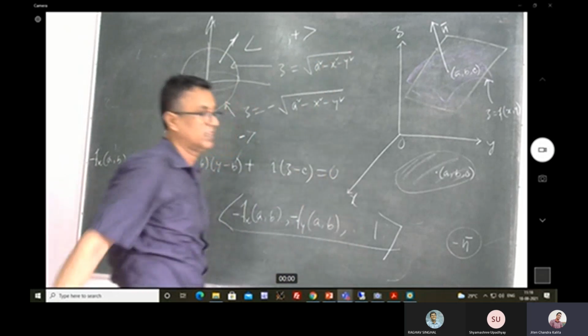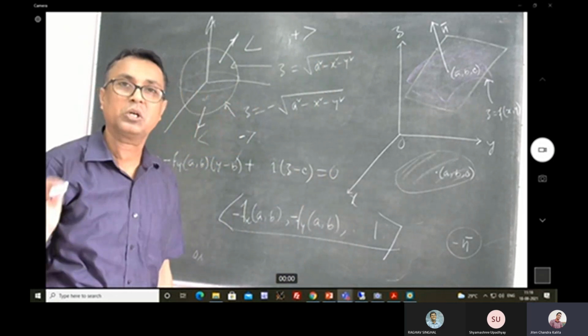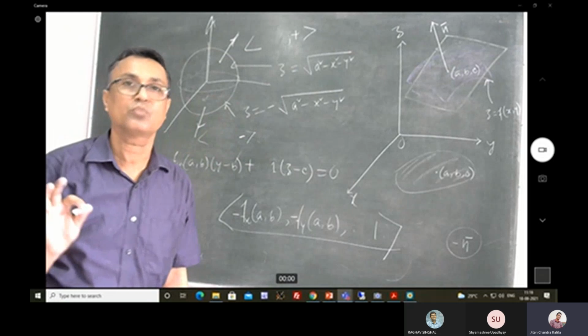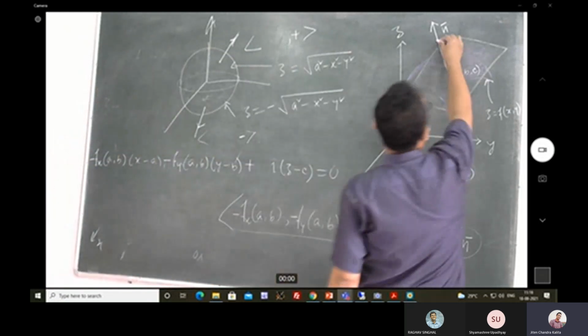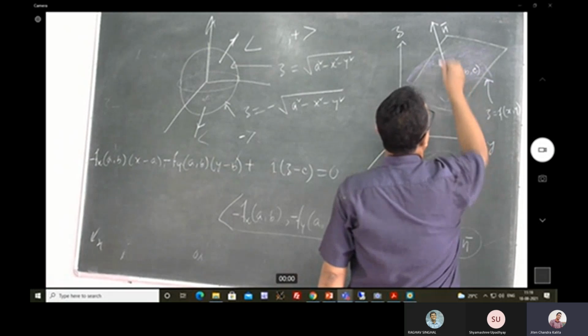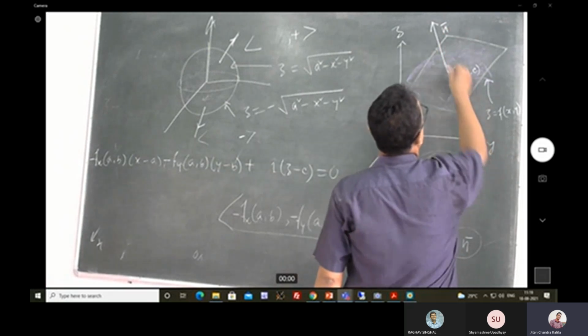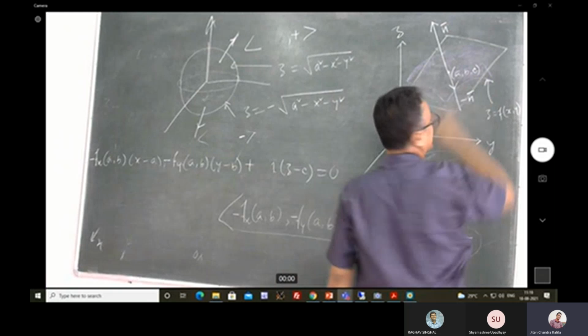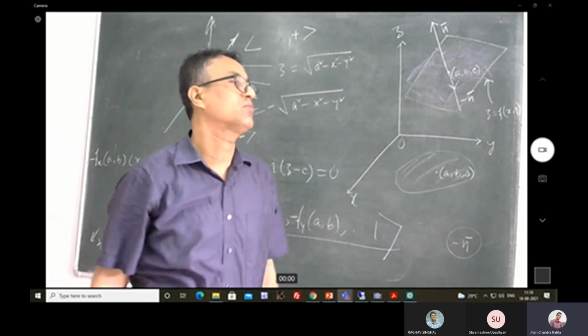Okay, so now the concept of outward and inward normal should be clear. If this is the outward normal n, then the normal in the opposite direction, minus n, is going to be the inward normal.